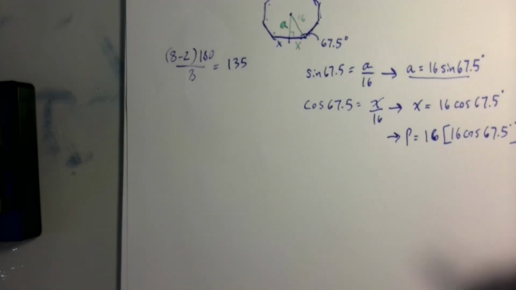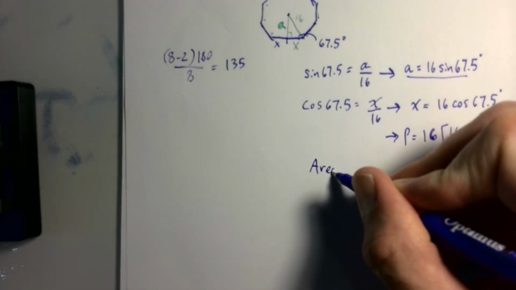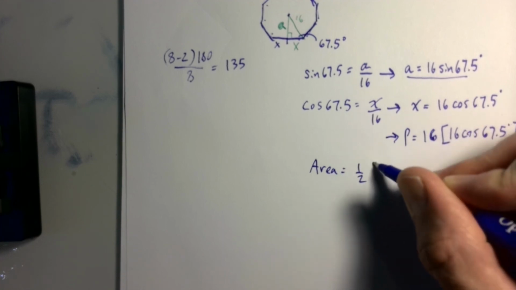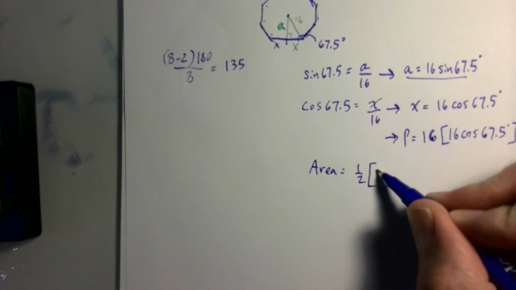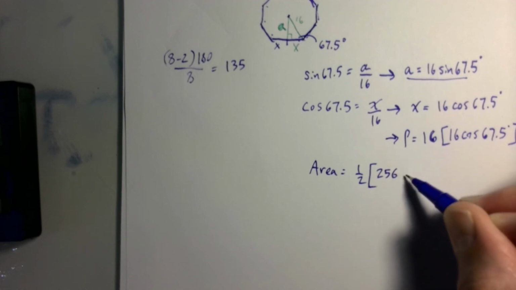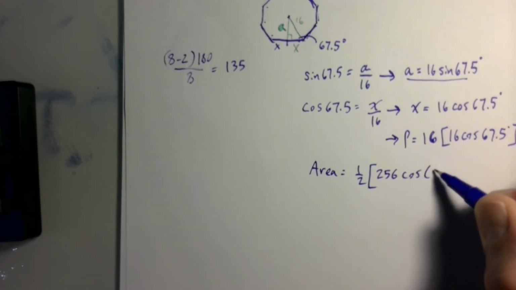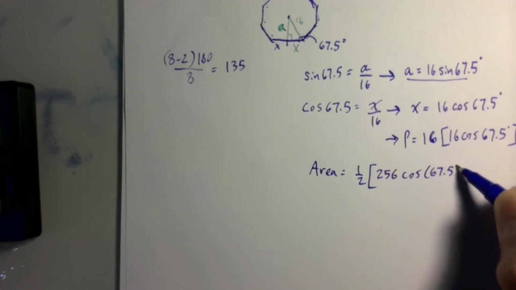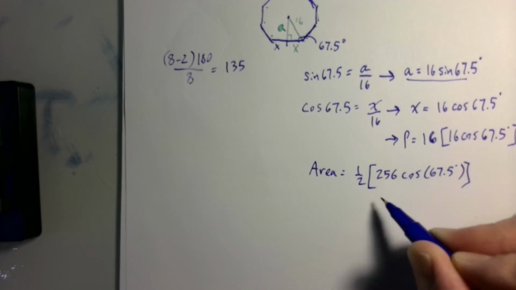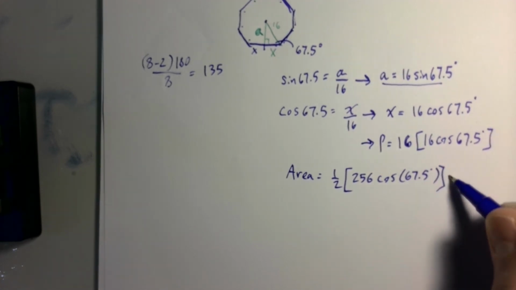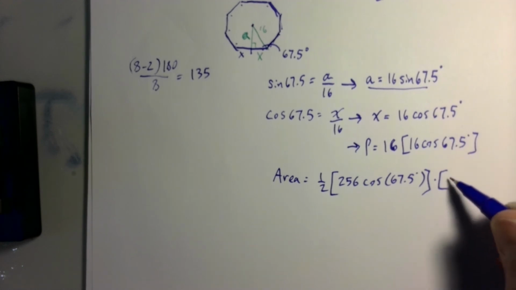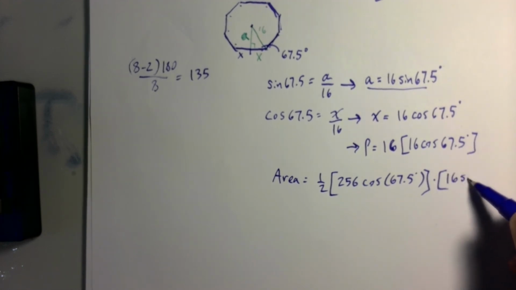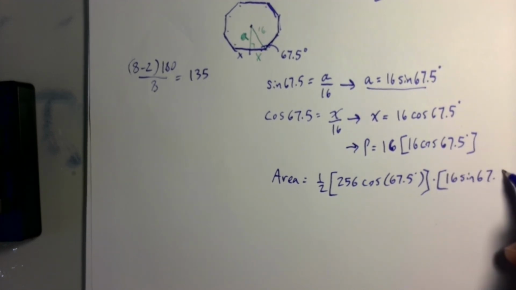Now it's calculator time. So area is going to be 1/2, oh wow, 16 times 16, 256, cosine of 67.5 degrees. So 1/2 perimeter times apothem, which is 16 sine 67.5.